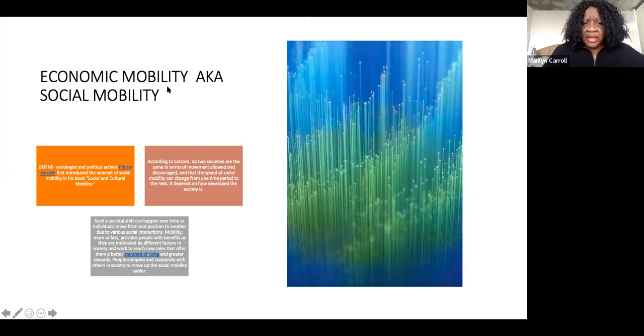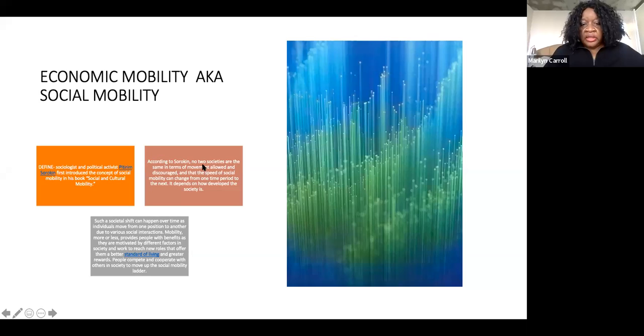So economic mobility, aka social mobility, is defined by sociologists and political activists. Pitirim Sorokin first introduced the concept of social mobility in his book Social and Cultural Mobility.